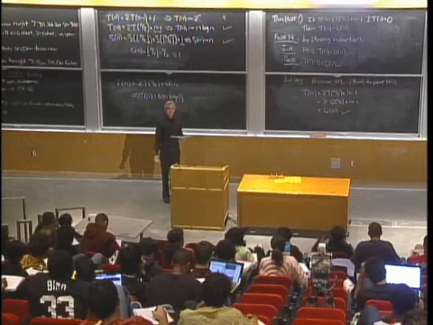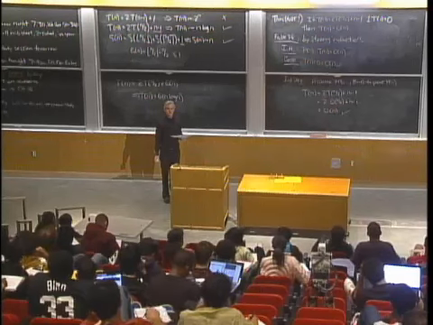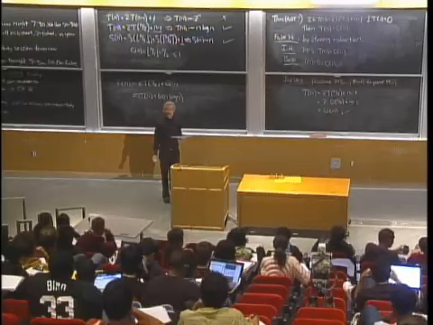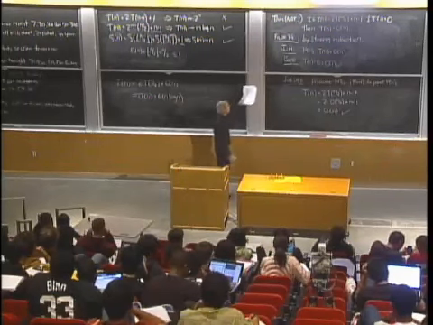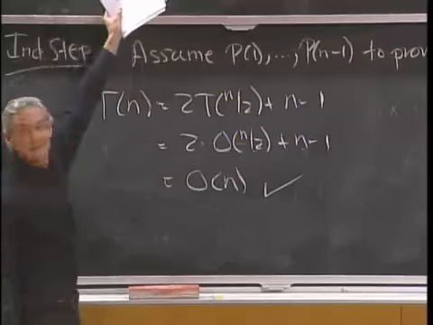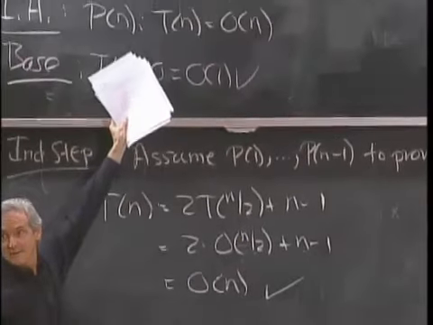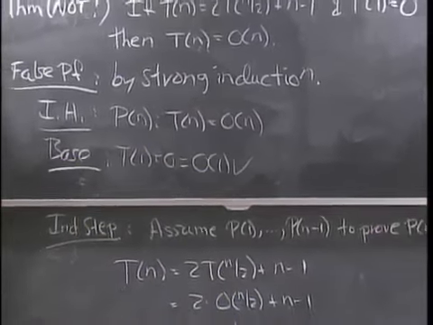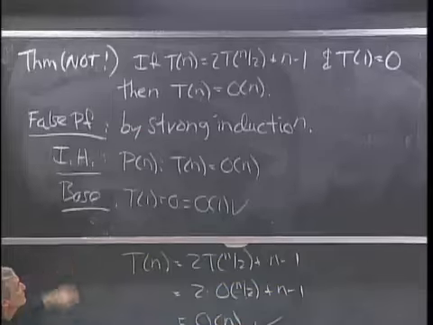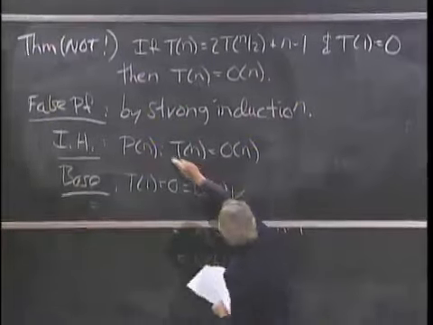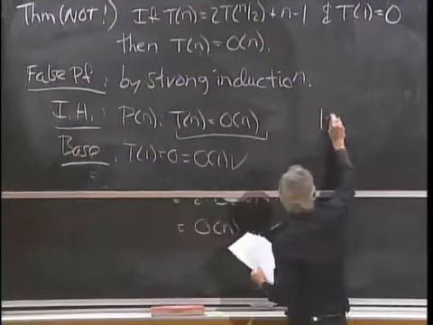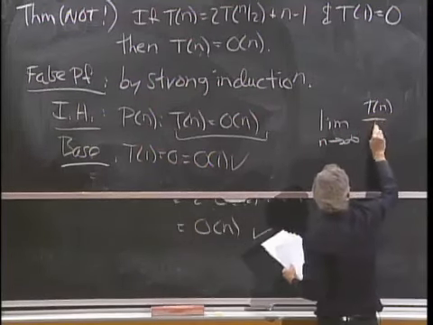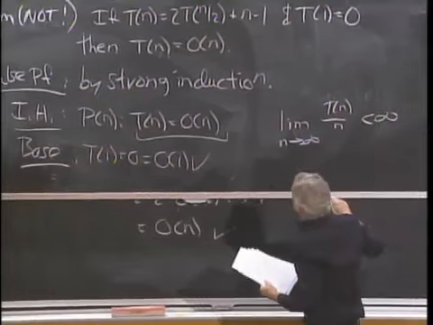All right, what's the bad step? What's the bug? See the bug? What is it? Induction hypothesis. What's wrong with that? Right, the n from the predicate cannot be in the O of n. Remember, O of n by itself means the limit as n goes to infinity of T of n over n is less than infinity.